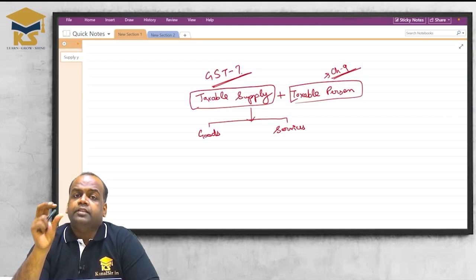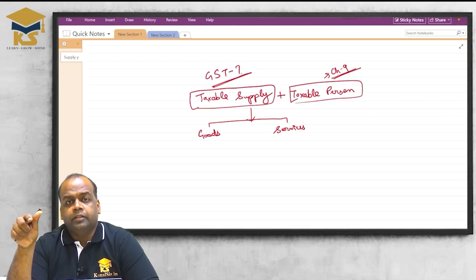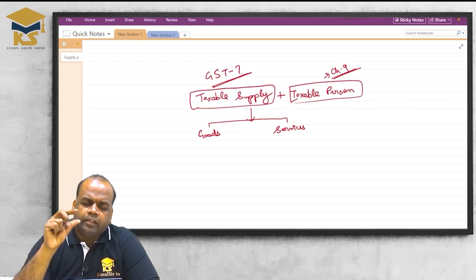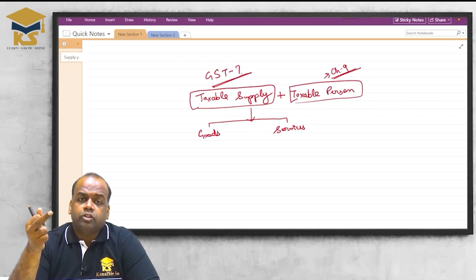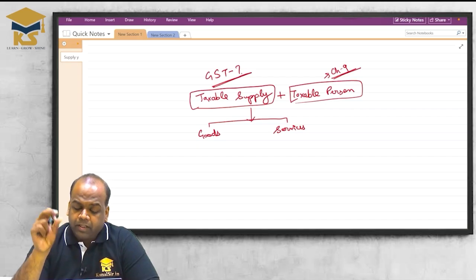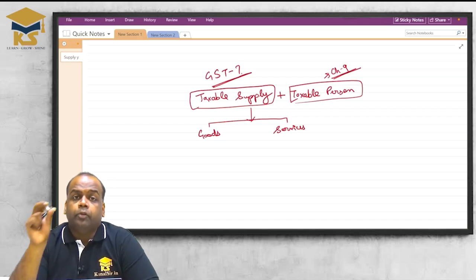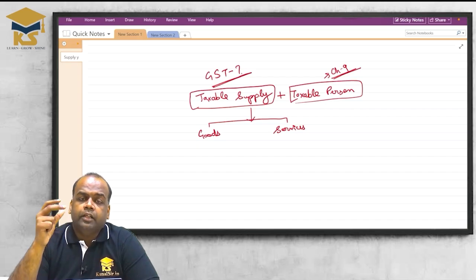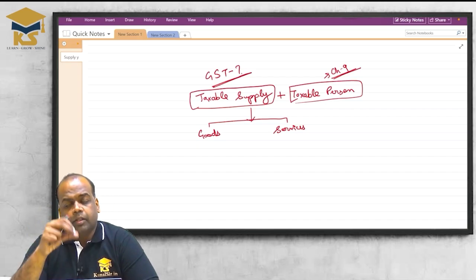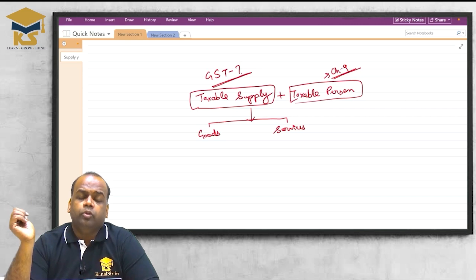Suppose if something is neither goods nor service, then whether such thing will be covered into supply or not? No, because supply can be of only goods or services. If something is not classified as goods or service, then again there is no GST.